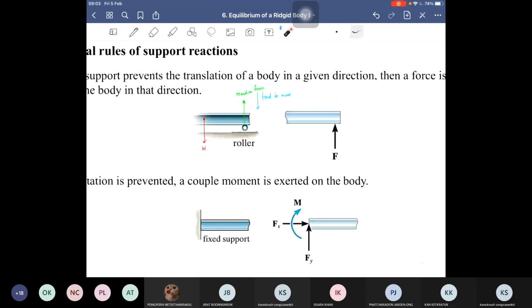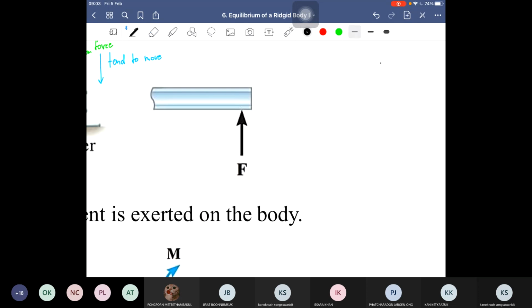So first we have to consider, if an object is placed on any system, in which direction this object tends to move. Okay, for example, we put this beam on the wall, and let it support a weight.